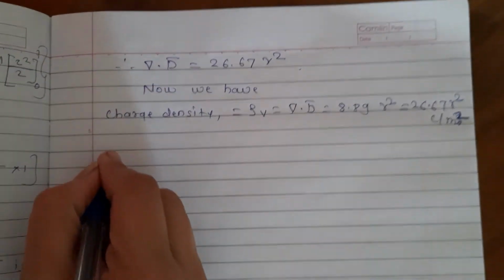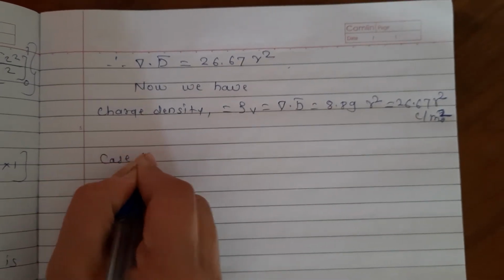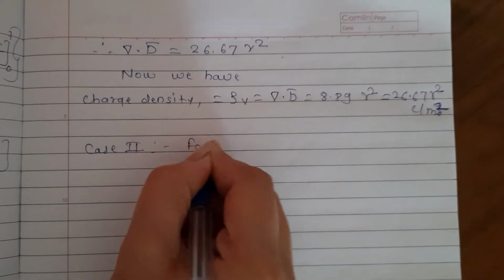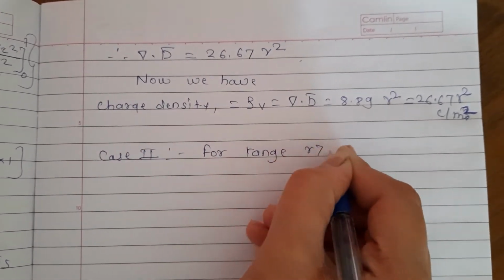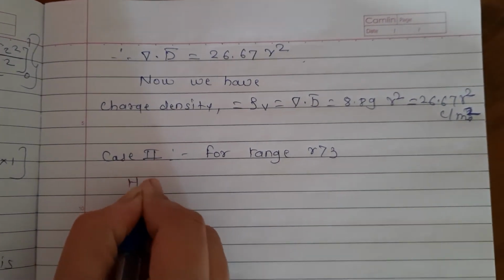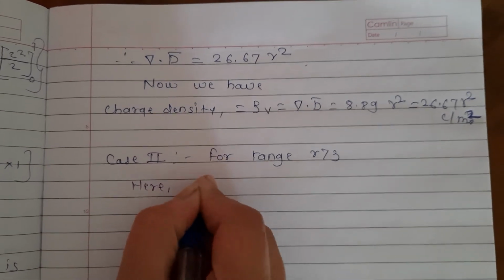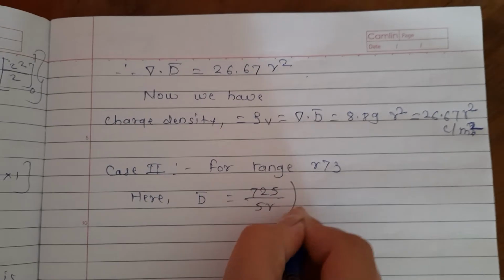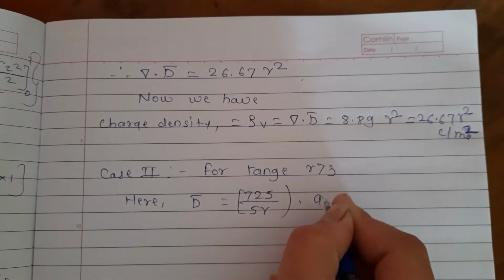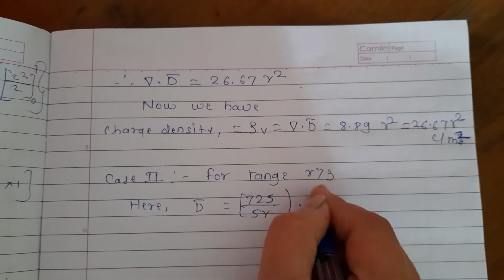Now second case. What is second case? For the range r greater than 3. So here D bar is equal to 725 by 5r ar bar.